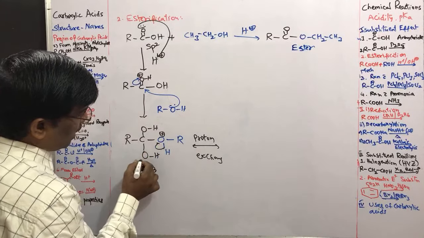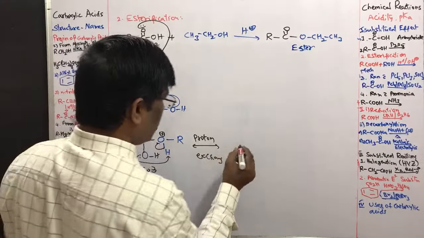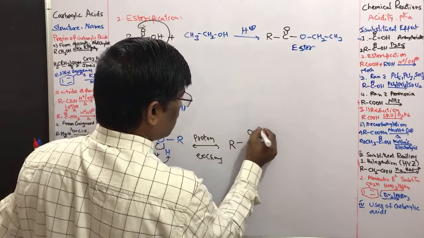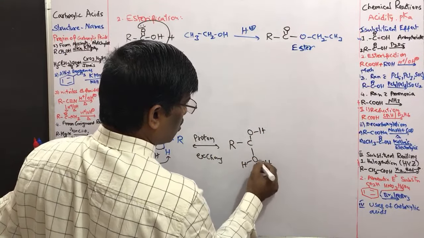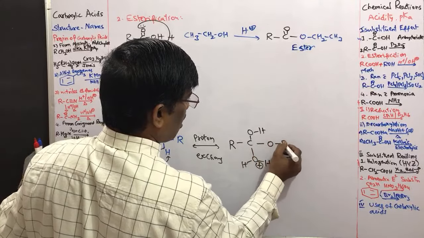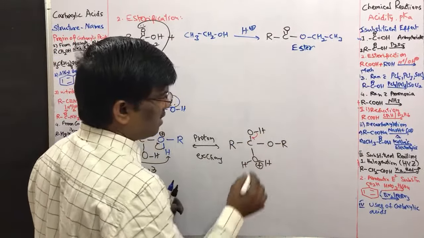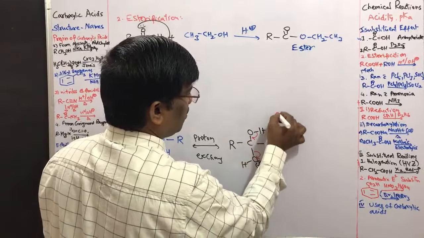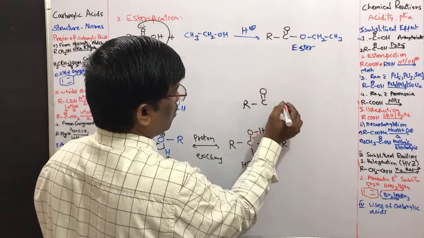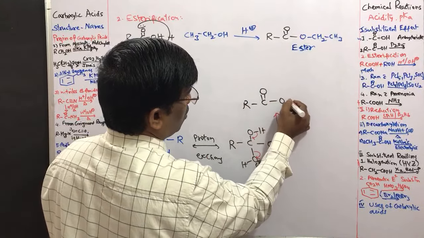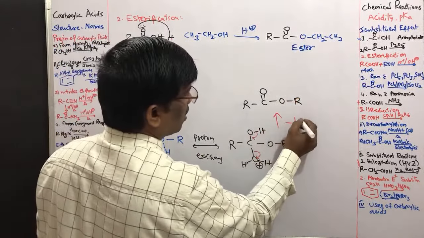this proton will be exchanged by this oxygen to give an intermediate where R, O, positive charge, and O, R. Now it is very easy, it loses H plus and gives R, C double bond O and O, R. Yes students, so minus water.